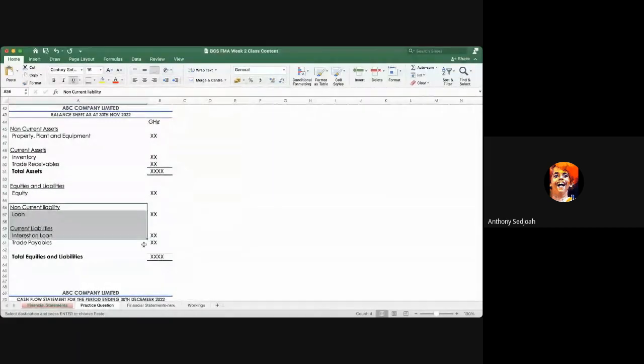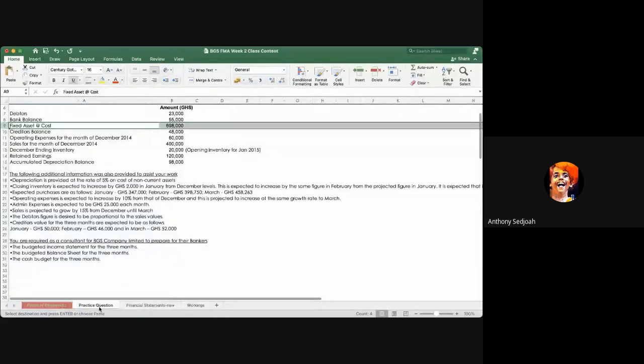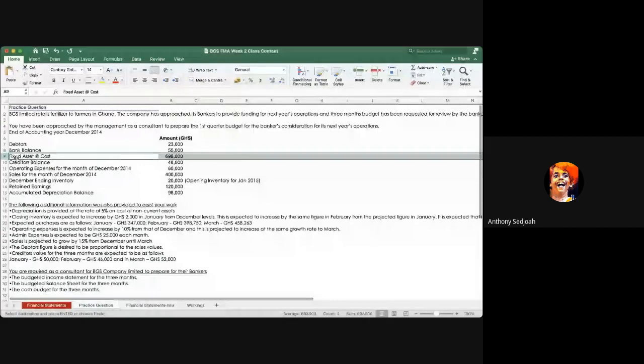But at the end of the day, the total assets should be the same as total liabilities plus our capital. Okay, so let's go through our question and fish out our assets. The question already gives us our fixed assets, which is 698,000. Let's see if there are any other fixed assets.